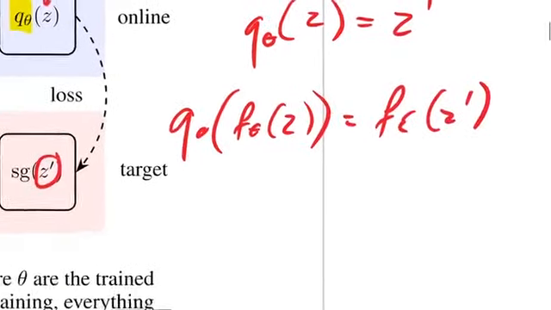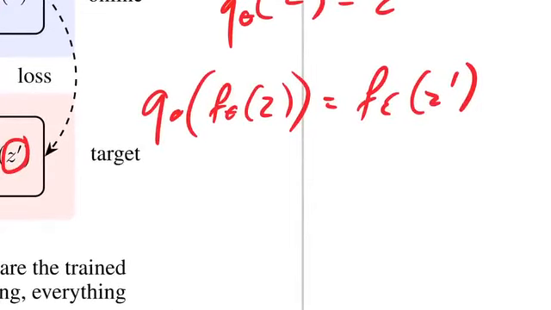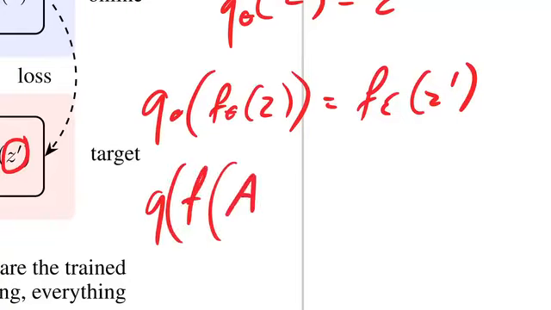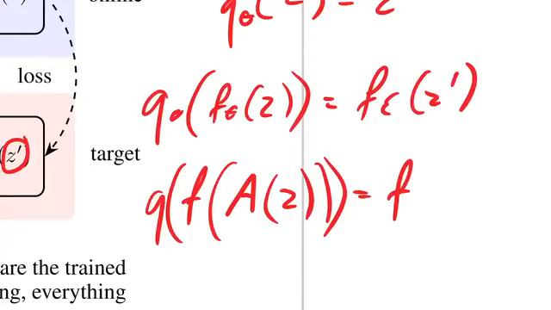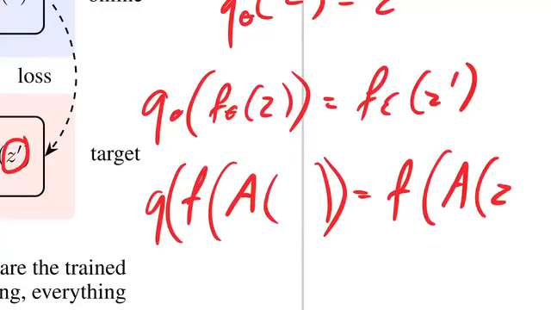And if we expand that even further, you can see that, I'll just write Q and F for now, Q of F of A of X, an augmentation of X. Sorry, not Z, that's the image, X.